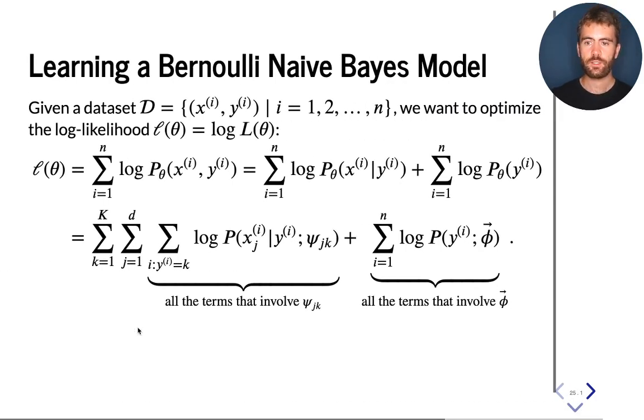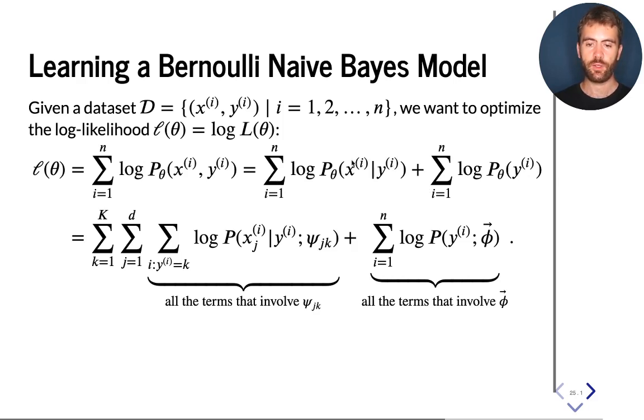So how would we learn this model? What happens if we apply the principle of maximum likelihood to this problem? Well, we have something which looks a lot like what we saw when we did this work for the Gaussian discriminant analysis algorithm. Here I have simply written down the log likelihood, and because our probability consists of two components, p of y and p of x given y, I can simply separate them as follows. This is just because of how our probability is defined.